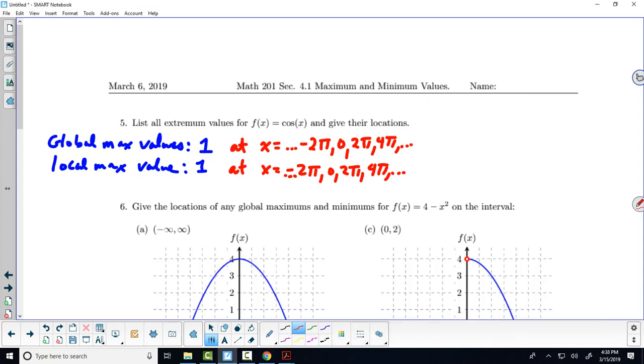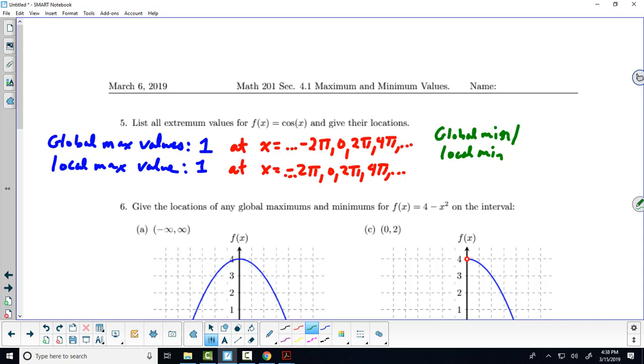Okay, folks, and then let's note that for our cosine curve we have global mins, and I'm just going to go ahead and say, to save some writing, local mins. Where were they? Well, let's say what the values were first.